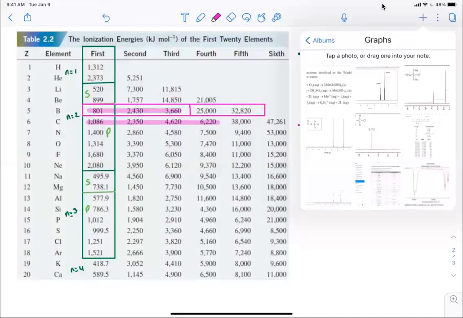Okay. Okay. The thing with where's the graphs import?